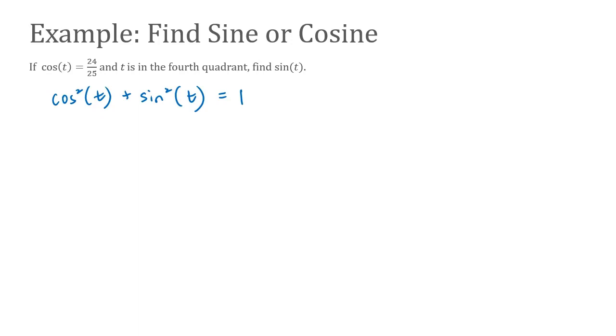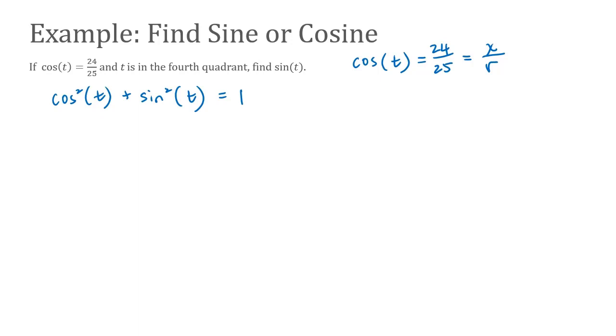So the Pythagorean identity says cosine squared t plus sine squared t equals 1. Now, you may recall me working this before, where instead of using the Pythagorean identity, I said the cosine of t was equal to 24 over 25, and I let the 24 equal my x value, and I let the 25 be my r value.